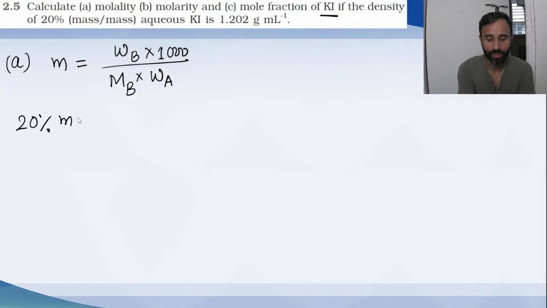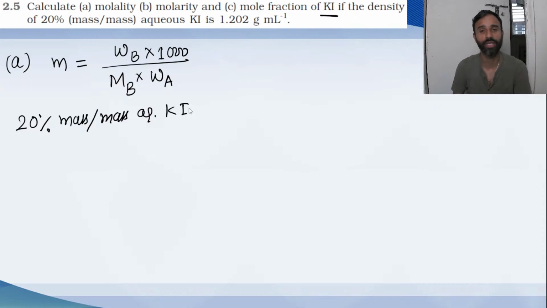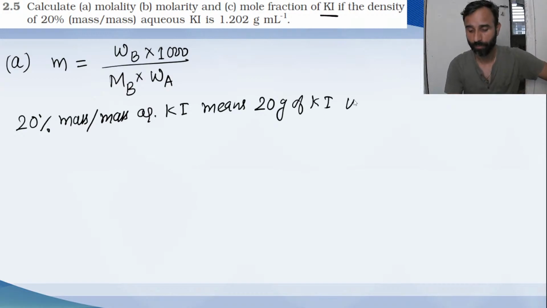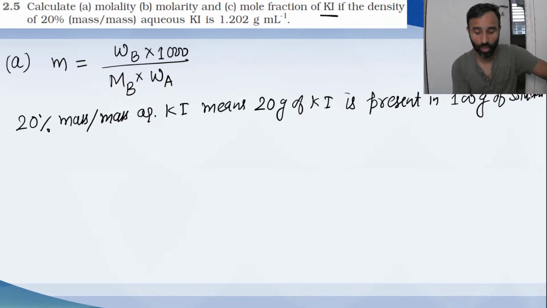20% mass by mass aqueous KI, means 20 gram of KI is present in 100 gram of solution, or 80 gram of water.